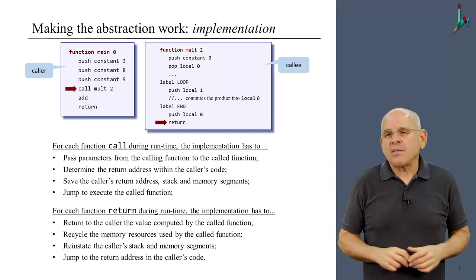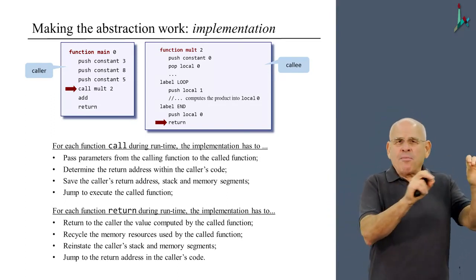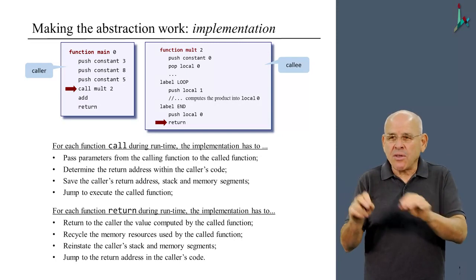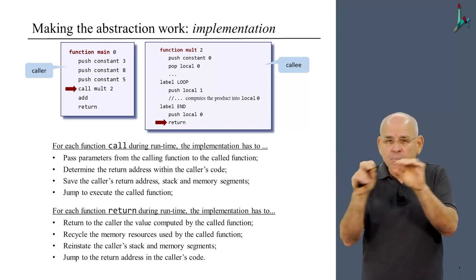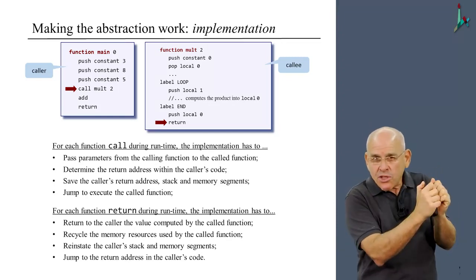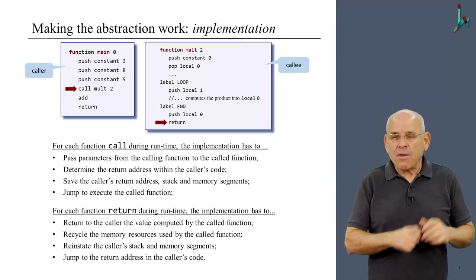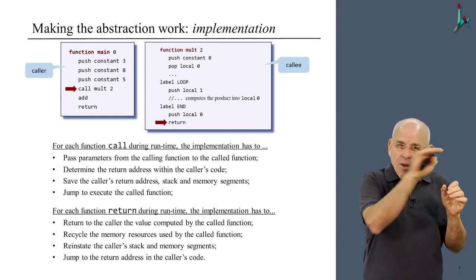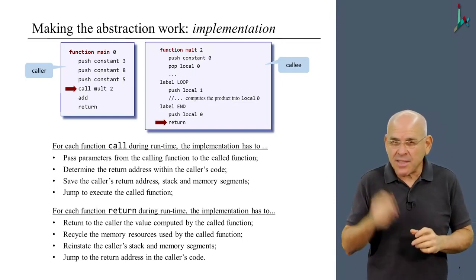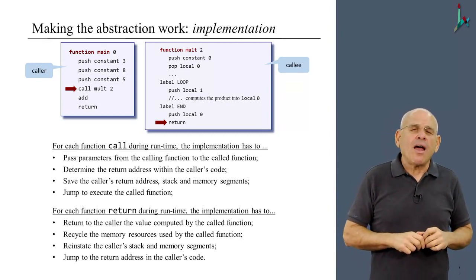What it actually has to do is take this return value and push it onto the stack of the caller. That's what it has to do. But before it makes its push, it has to remove the arguments, as I explained before. So it's even more involved than that.